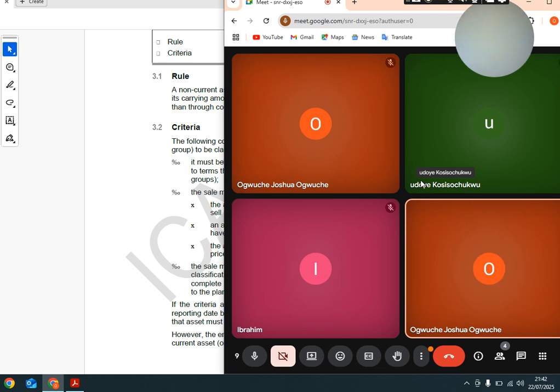So an asset classified as held for sale is measured at the lower of the carrying amount and the net realizable value, or fair value less cost to sell. I believe that is understood, right?